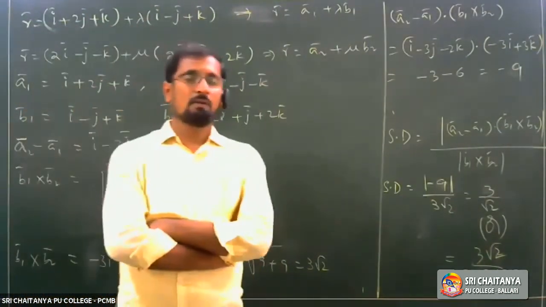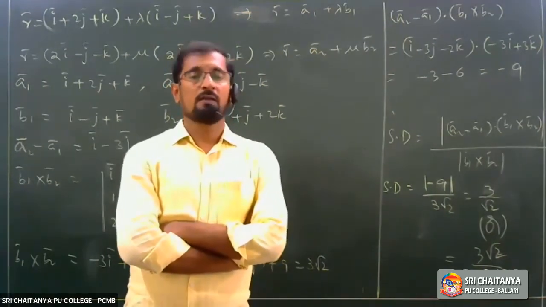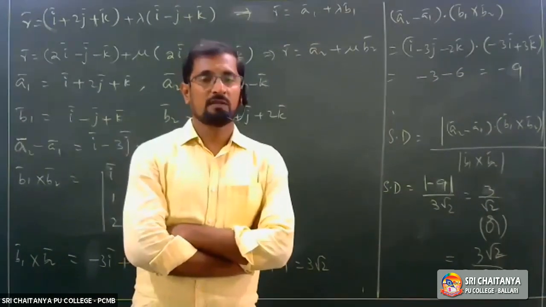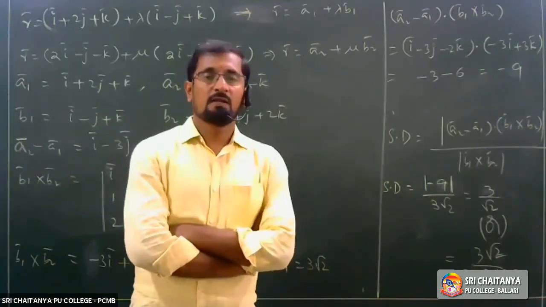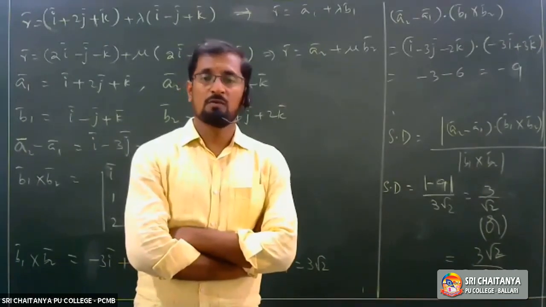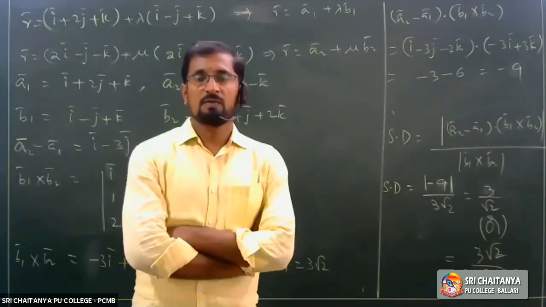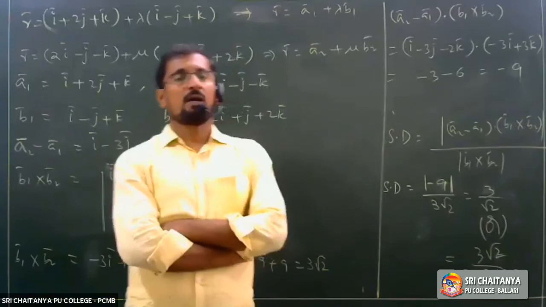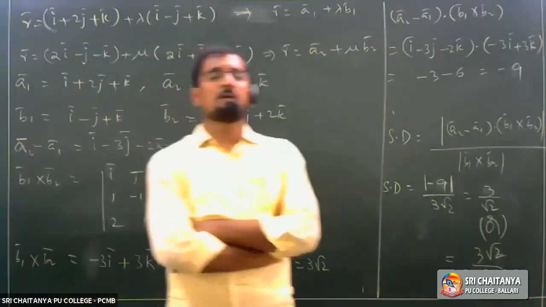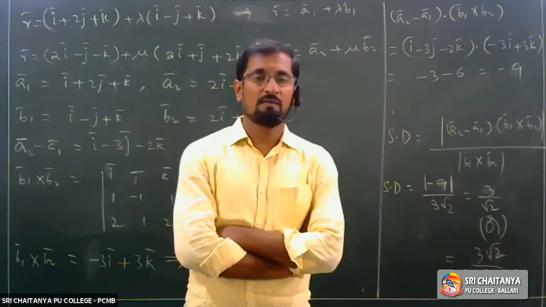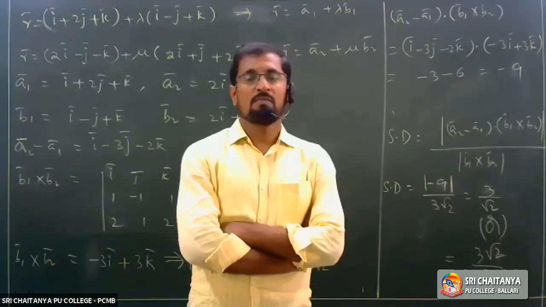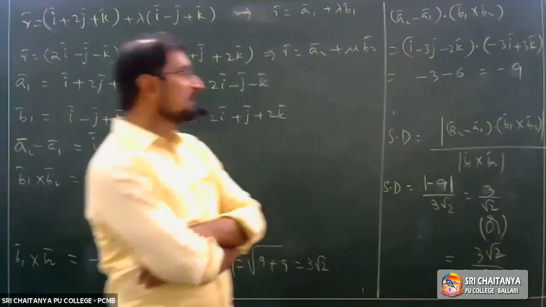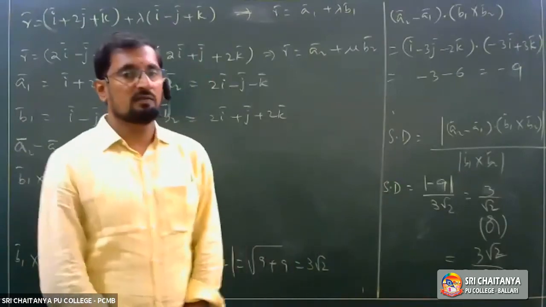Then find B1 cross B2 by using the determinant. After that, find the magnitude of B1 cross B2, which is root over B1 cross B2. Then find the dot product of A2 bar minus A1 bar dot B1 cross B2. After that, substitute all the values in the formula and you are going to get the answer.